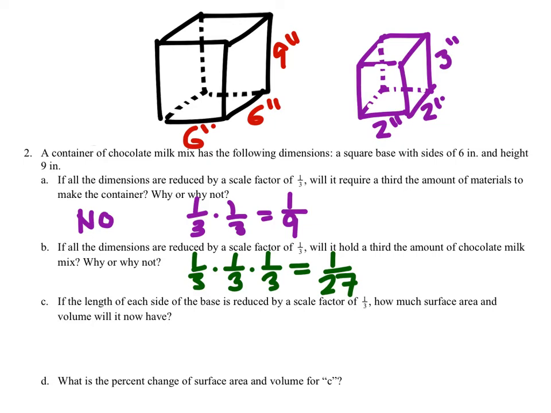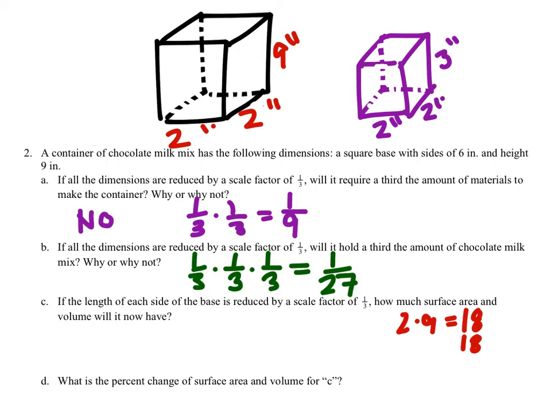Then if the length of each side of the base is reduced by a scale factor of 1/3, how much surface area and volume will it have now? Let's go figure that out. It's just looking at the base now, so instead of a 6 by 6 by 9 box, it's going to be a 2 by 2 by 9 box. For the surface area, we have 6 faces. We've got the 2 by 9, which is 18, and we've got 2 of those.